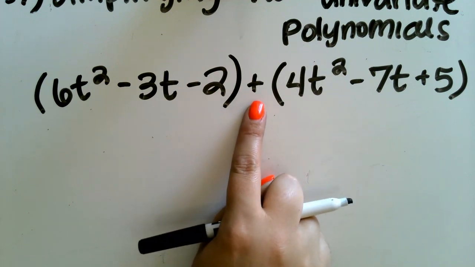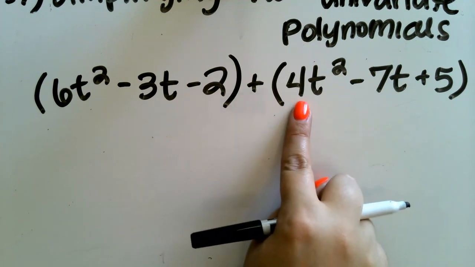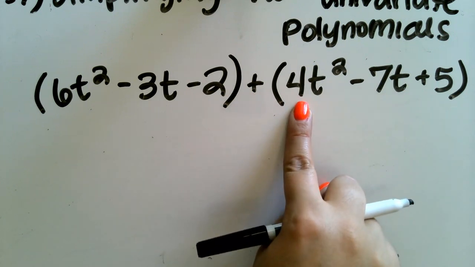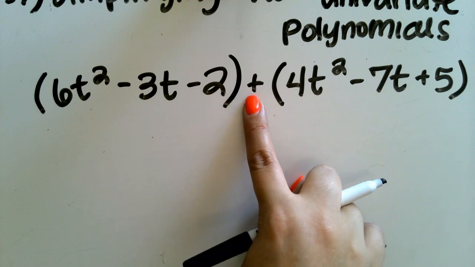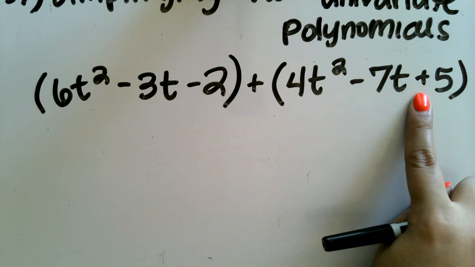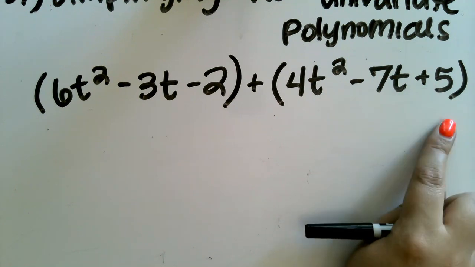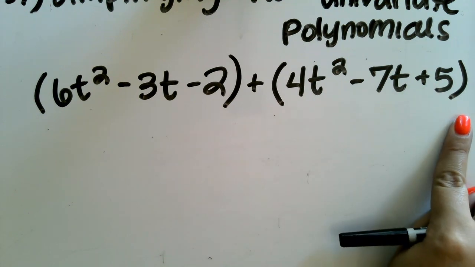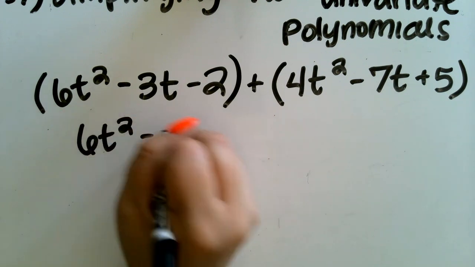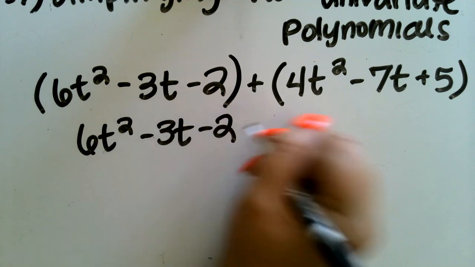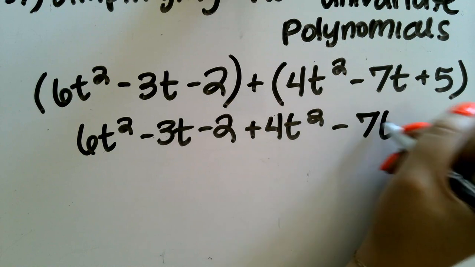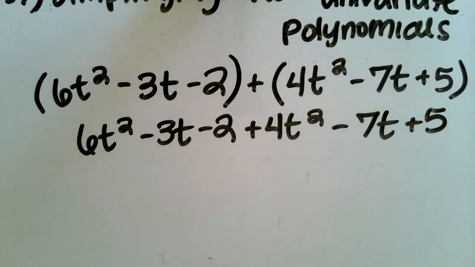I can do that automatically because there's an addition in here. I am going to keep the signs the same. If I distribute an addition into an addition, it stays addition. If I distribute addition into a subtraction, it stays a subtraction. And then finally, if I distribute that addition into addition, it stays addition. So all these signs in the second set are going to stay the same: 6t squared minus 3t minus 2 plus 4t squared minus 7t plus 5.